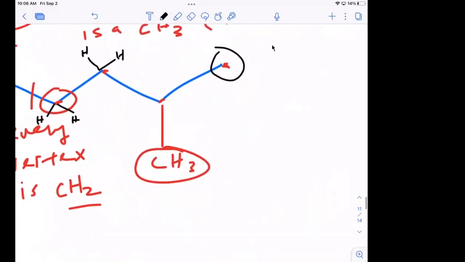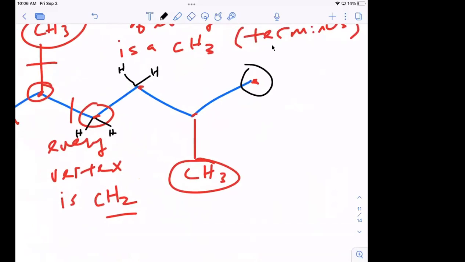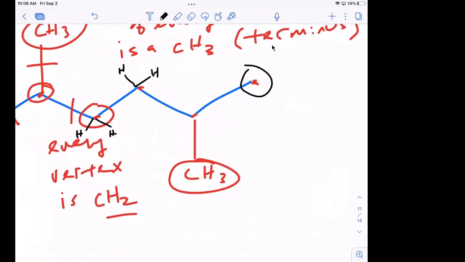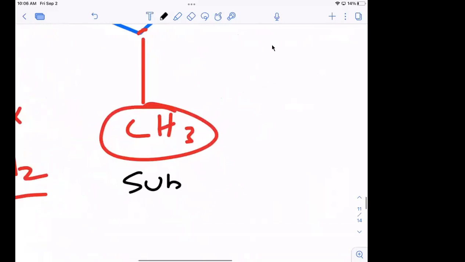So if a CH3 like this is hanging off of a backbone, then we call it a substituent. Right, and that substituent, based on what it is, that's how we name it.